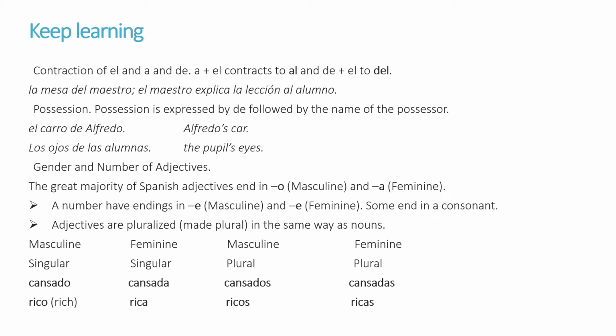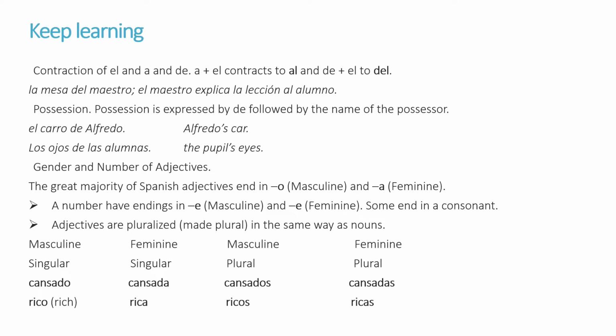For example, the masculine singular form is cansado, the feminine singular form is cansada. The masculine plural form is cansados. The feminine plural form is cansadas. It's the same adjective, but we change the ending to identify the gender of the subject, or if the subject is singular or plural.